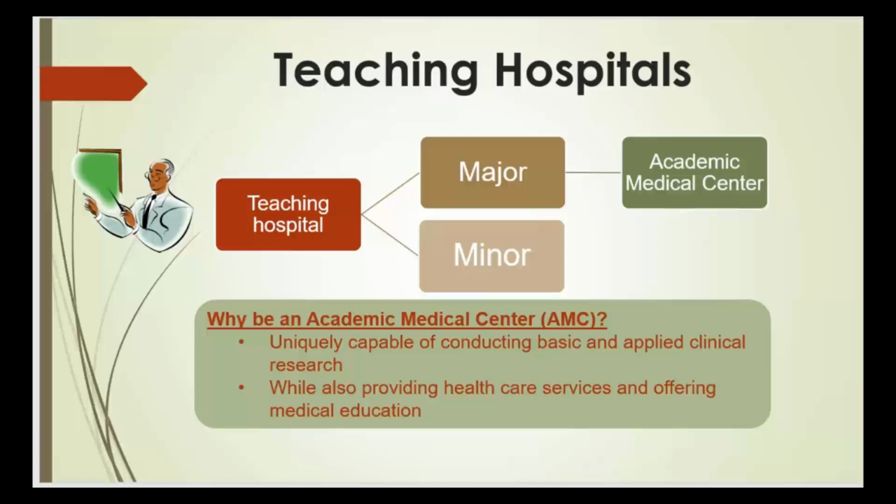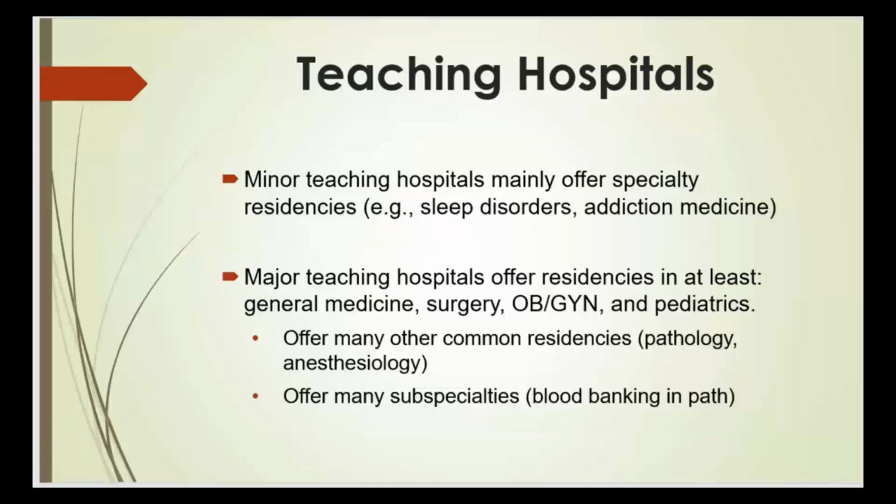So here is a diagram, I'm sorry about that, and we're looking at the teaching hospital, academic medical center. The question is, why be an academic medical center? Because it's uniquely capable of conducting basic and applied clinical research, while also providing healthcare services and offering medical education.